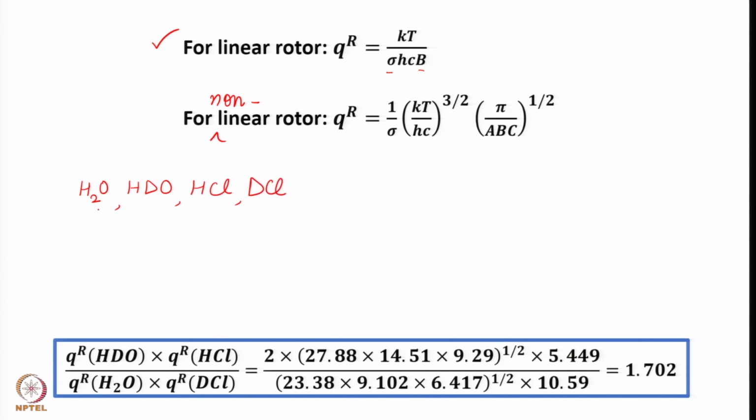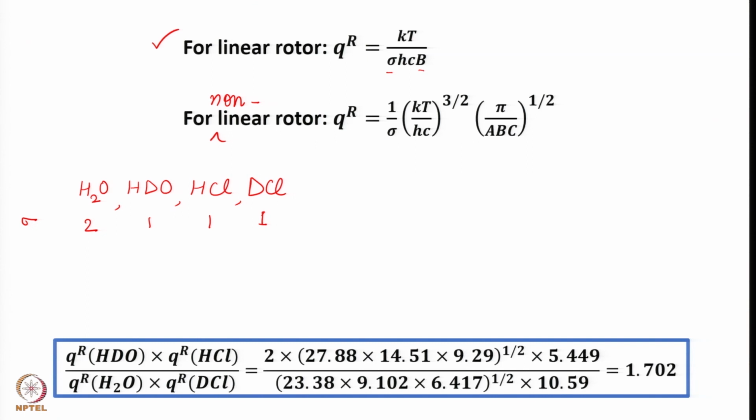Sigma for H2O, HDO, HCl, DCl. Sigma for this is 1. This is also 1, because you can distinguish when you rotate by 180 degrees. This is also 1, only this is 2, because in a complete 360 degree rotation, the H2O molecule will appear twice in the same state.